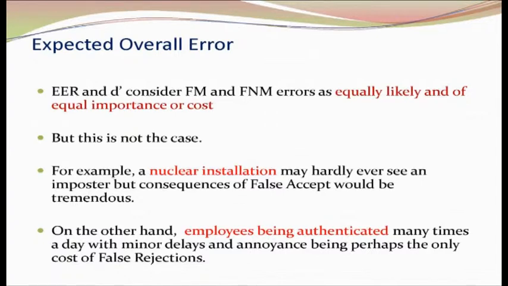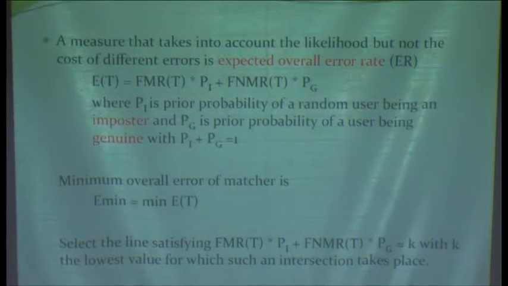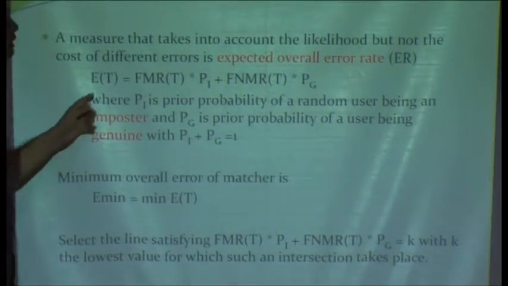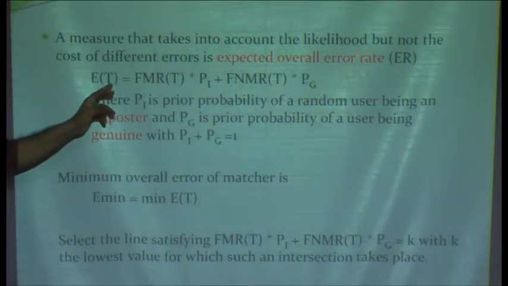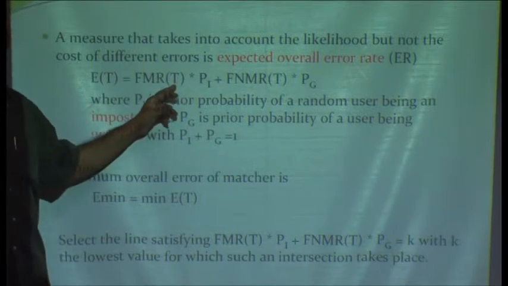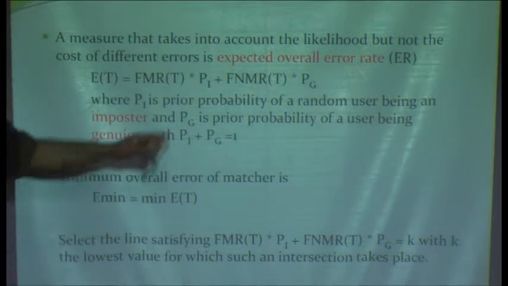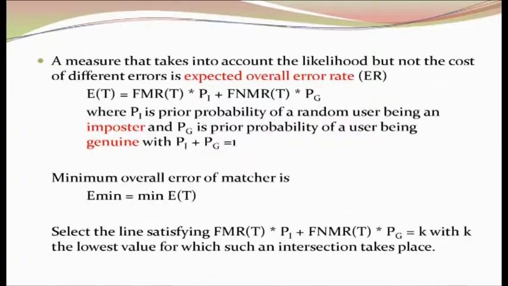So if it is the case, then we can define the expected overall error rate at the threshold point t as equal to false acceptance rate at t into probability of imposter plus false rejection rate at t into probability of genuine user.